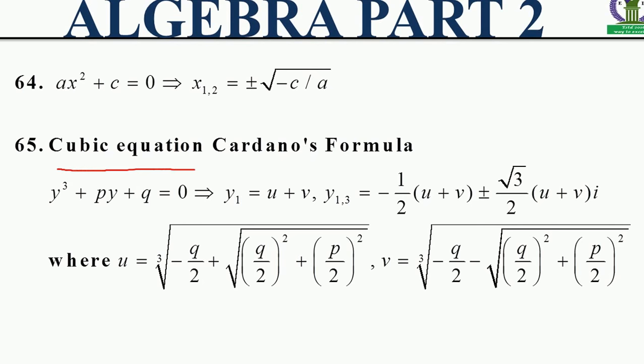Cubic equation, or Cardano's formula for the third order equation: y cube plus py plus q equals 0, then y1 equals u plus v, and the other roots are minus 1 upon 2 (u plus v) plus minus root 3 by 2 (u minus v) into i, where u equals cube root of minus q by 2 plus under root of (q by 2) whole square plus (p by 2) whole square, and v equals cube root of minus q by 2 minus under root of (q by 2) whole square plus (p by 2) whole square.